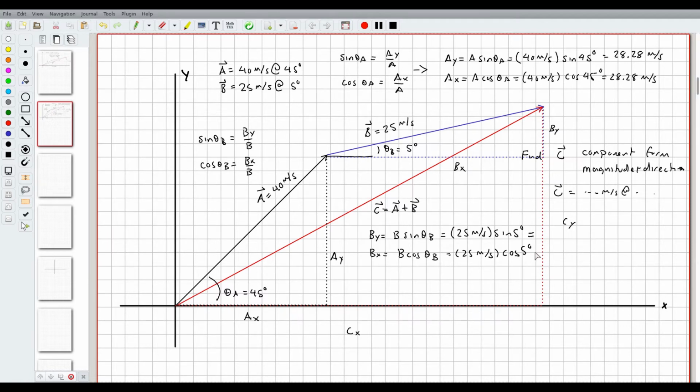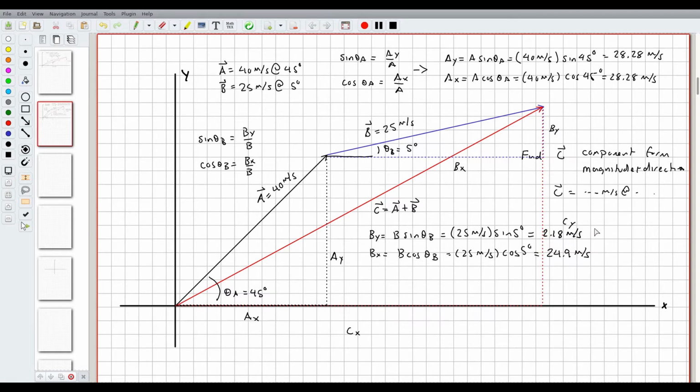So when you carry these calculations out, for BX, you get 24.9 meters per second. And for BY, you get 2.18.